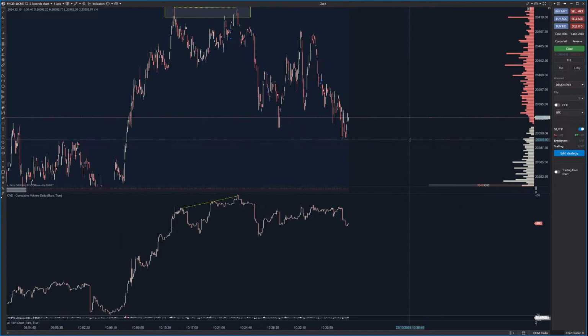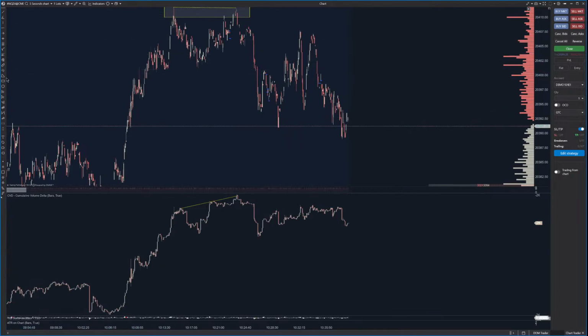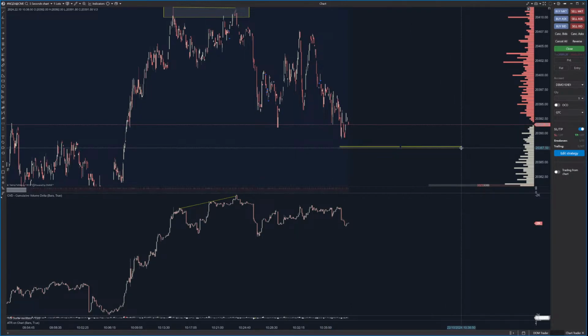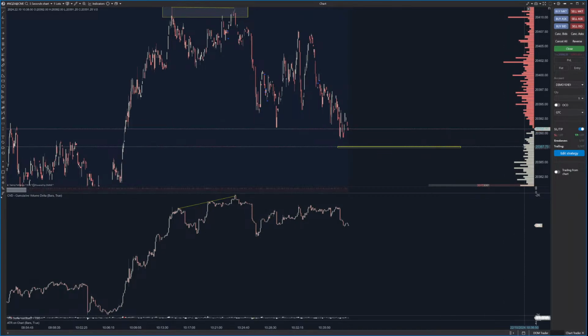let's say we have a market maker who wants to fill down here at this price level, he wants to fill 1,000 contracts. He's not going to put 1,000 contracts in the order book. He's maybe going to put 25 or 50 contracts in the order book.